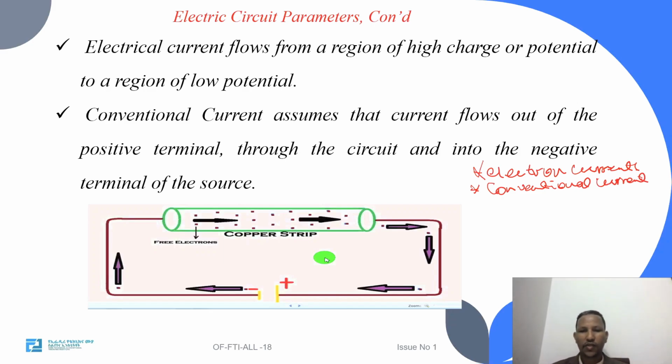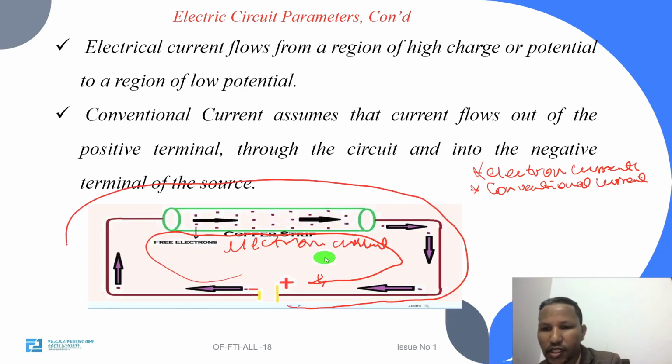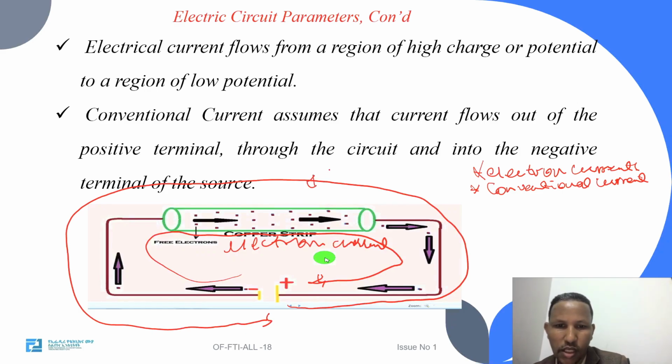The electron current flows from the negative terminal to the positive terminal. As you can see here, this is the electron current. Whereas the conventional current is flowing from the positive terminal to the negative terminal. So this is the conventional current.